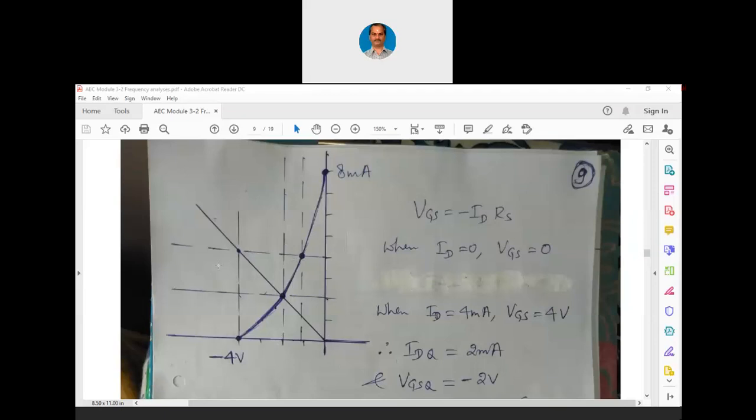So that way I have added these 2 points there, and I have put this line also, because in the self bias we require this straight line which is passing through the origin. That is why we had this equation. You can see VGS is minus ID into RS was the equation for the straight line. When ID is 0, VGS is 0. When ID is 4 milliampere, VGS is 4 volts. Accordingly, we can have a straight line here.